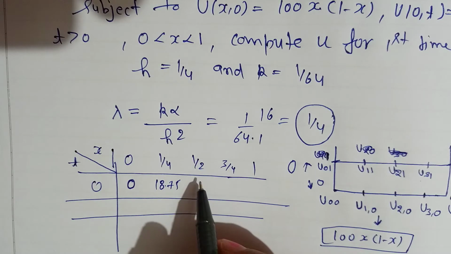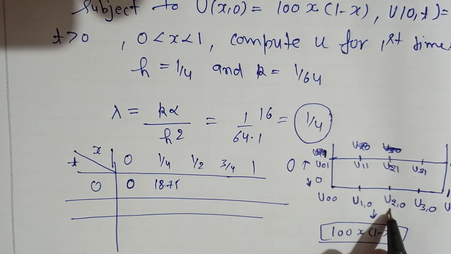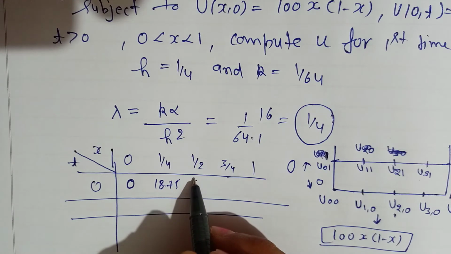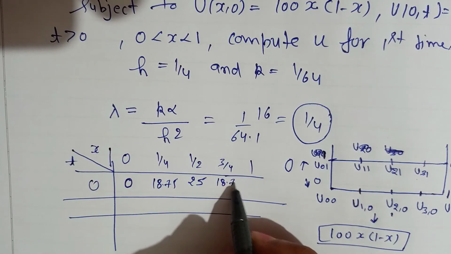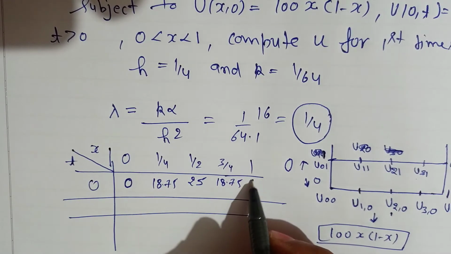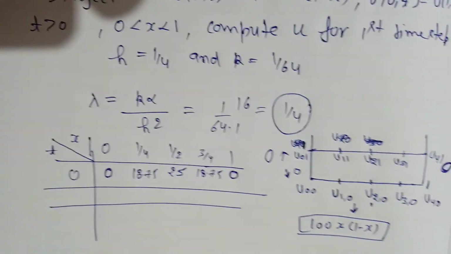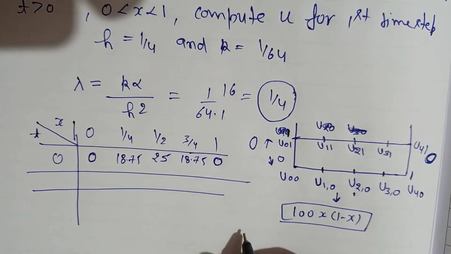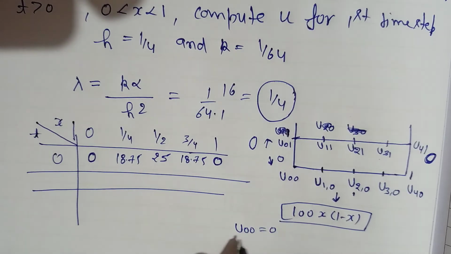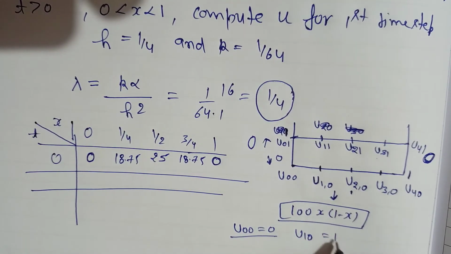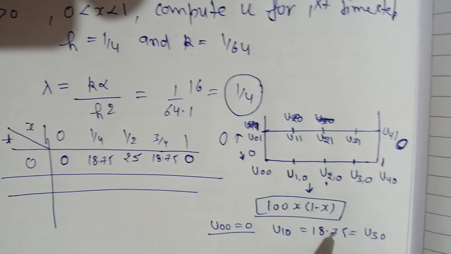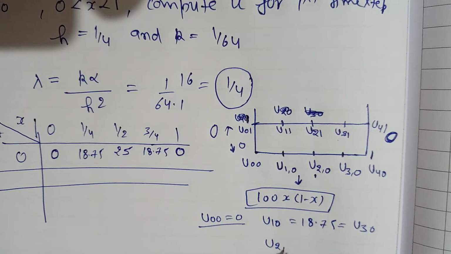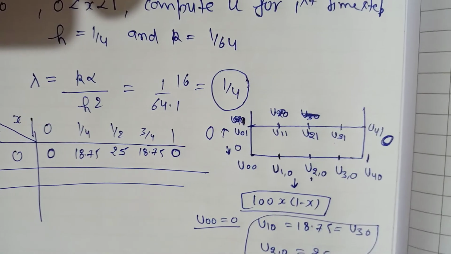Fine. If x equal to 1 by 2, the value of u20 we get 25. And at 3 by 4 again we get 18.75, and at 1 we get 0. So this is the boundary condition. We can write u00 equal to 0, u1 comma 0 equal to 18.75, u3 comma 0 also 18.75, and u2 comma 0 equal to 25.